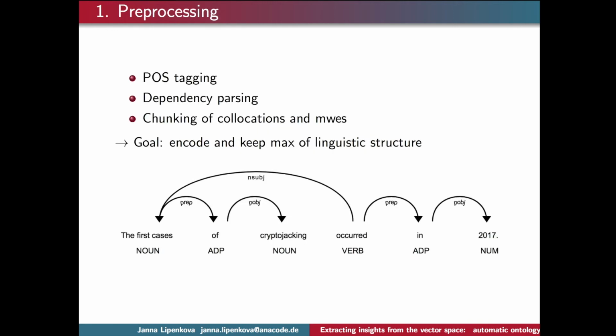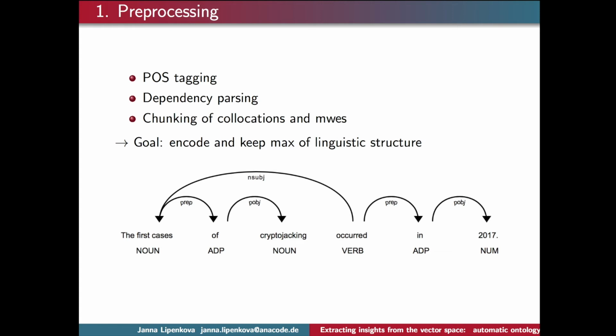Okay, for the linguistic preprocessing, our goal is to encode and keep a maximum of the linguistic structure in our data, because obviously we can understand that hypernyms and hyponyms, they're similar not only semantically but also syntactically, and this is why it's very important to keep also the syntactic information in our data.